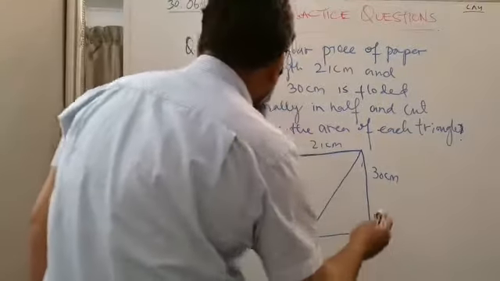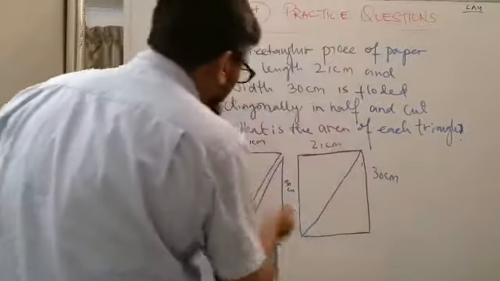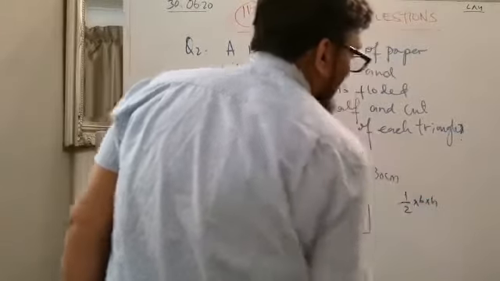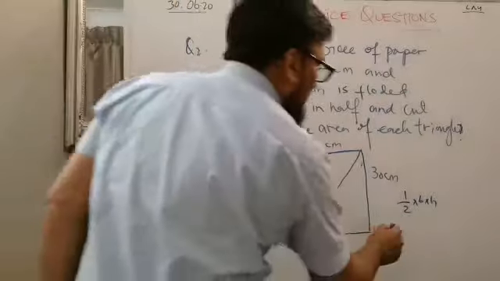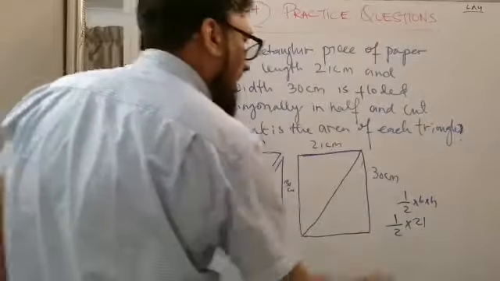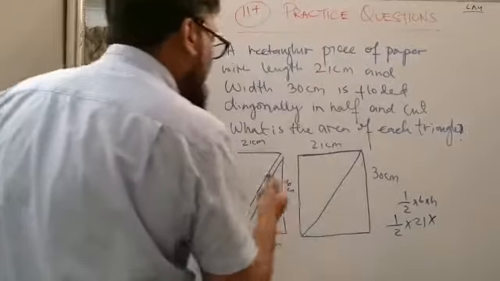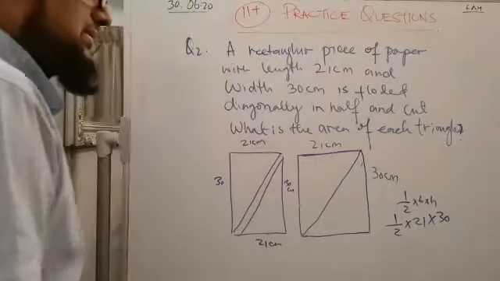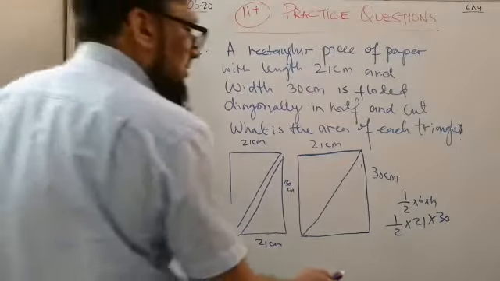The area of triangle is half times base times height. So the base is 21 and the height is 30.